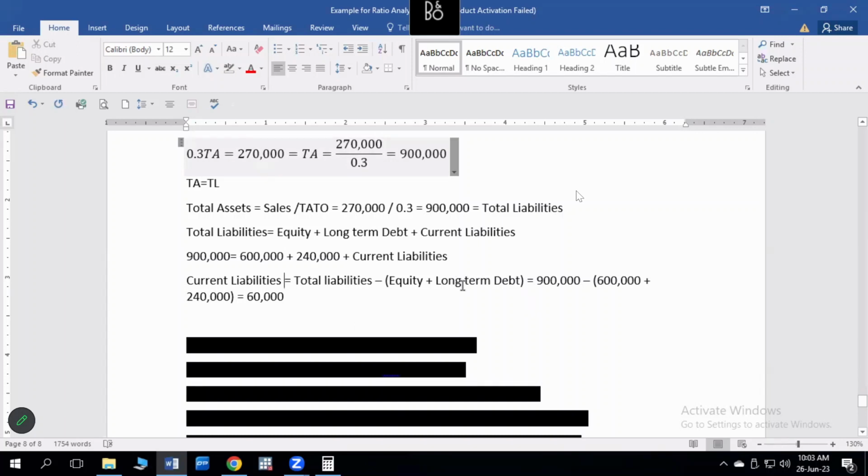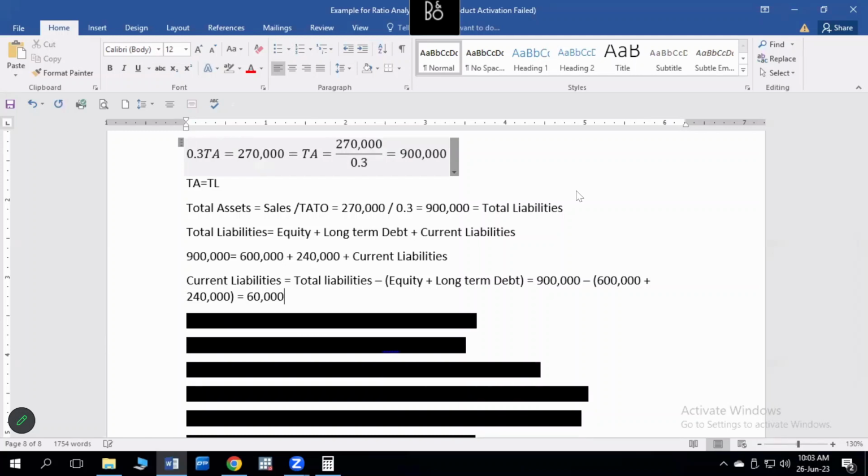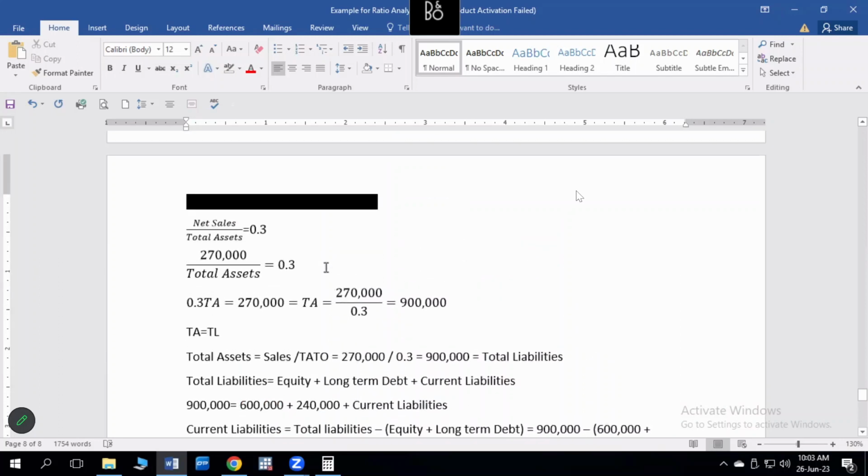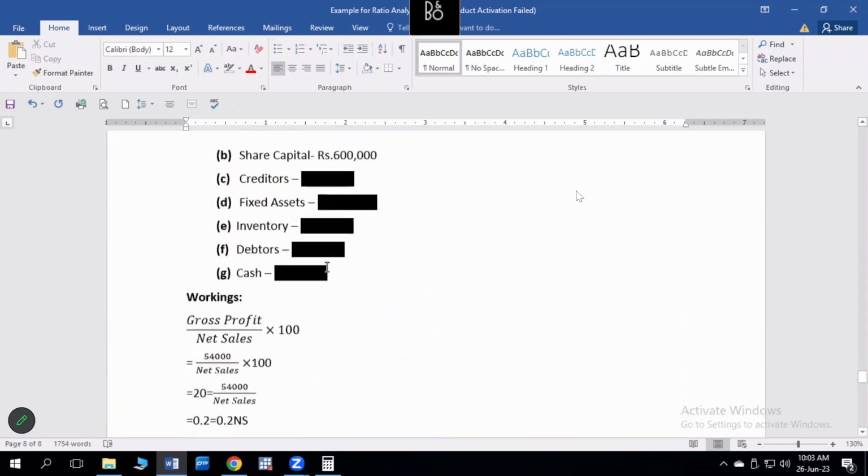So when you substitute this, you can get 60,000. Current liabilities is equal to 60,000. So your answer, 60,000, could be given.